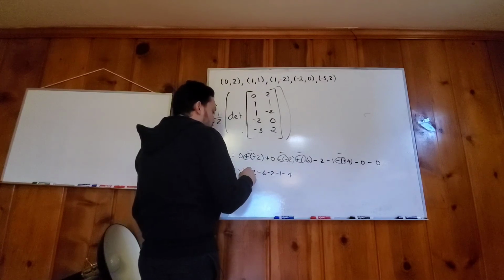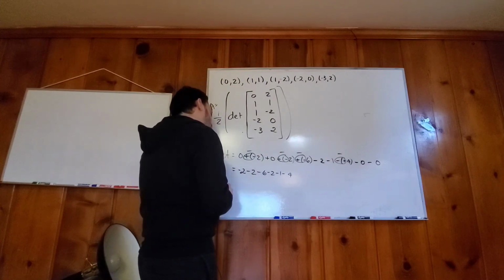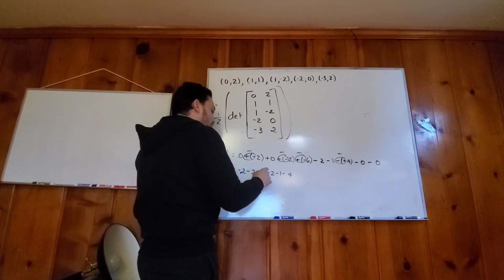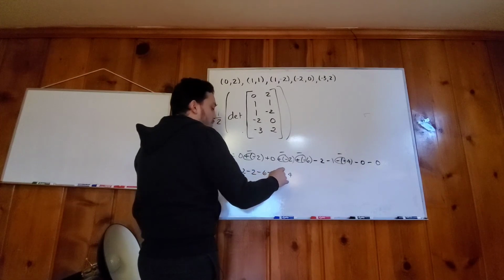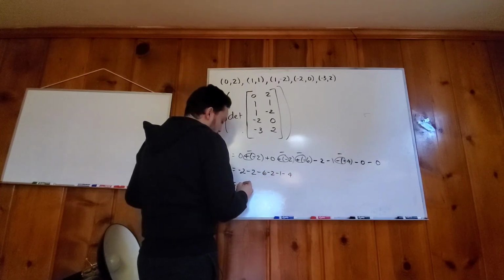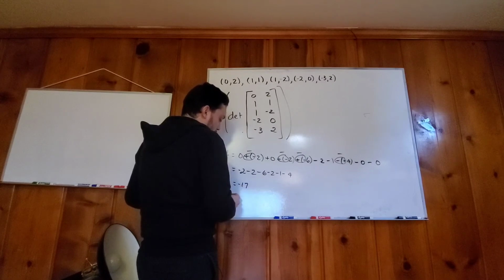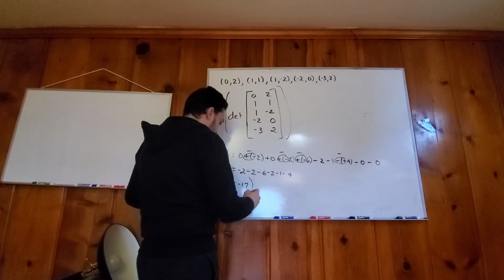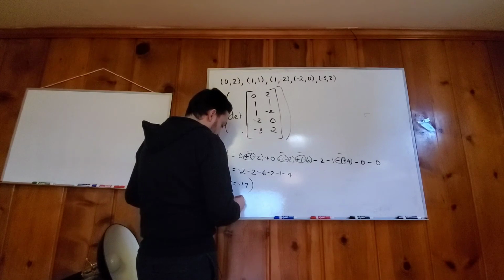So negative 2 and negative 2 is going to be negative 4, negative 10, negative 12, negative 13, negative 17. Okay? That would be my determinant. Half of my determinant then would be 8.5, negative 8.5.